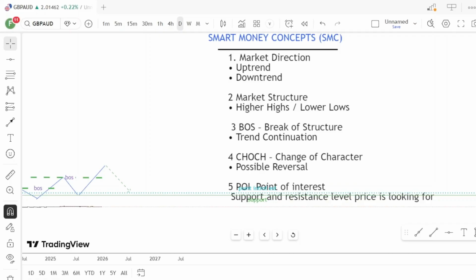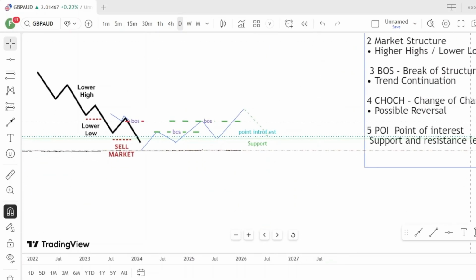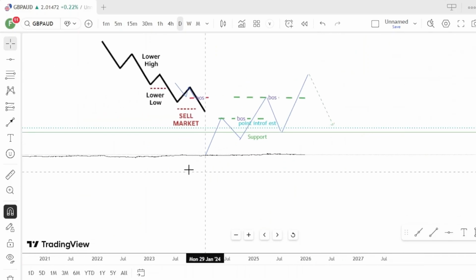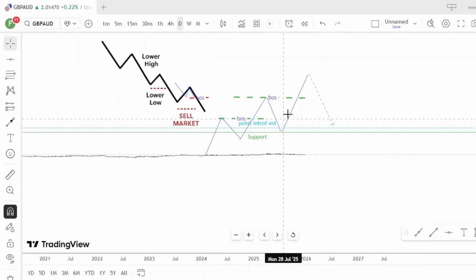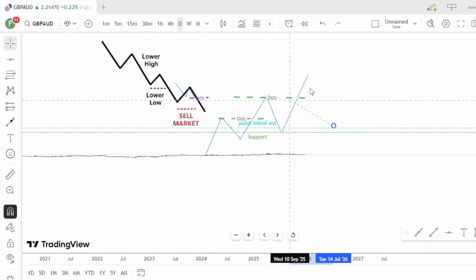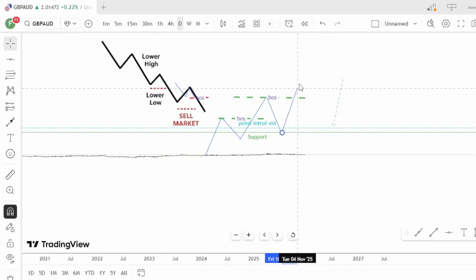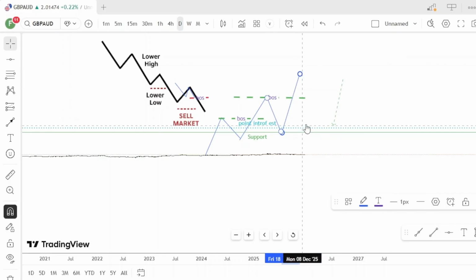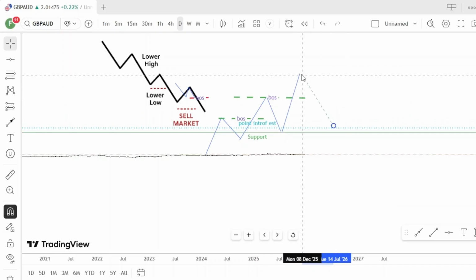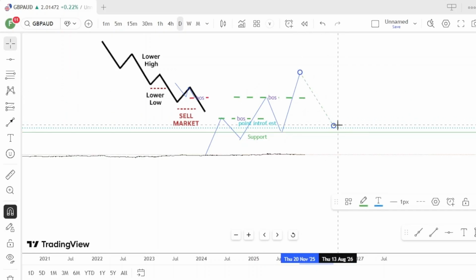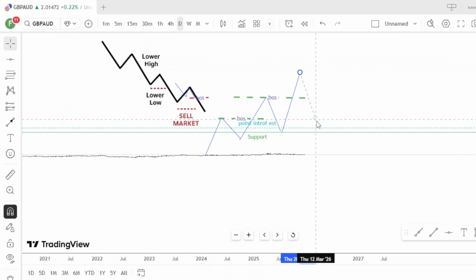Let me show you on the chart so you can understand what I'm saying. Point of interest is simply the market making higher highs, higher lows, and there's a break of structure to the upside. The new high is broken. So how do you know where the market is going to react from? That's an imbalance zone. The market is going to retrace to an imbalance zone.